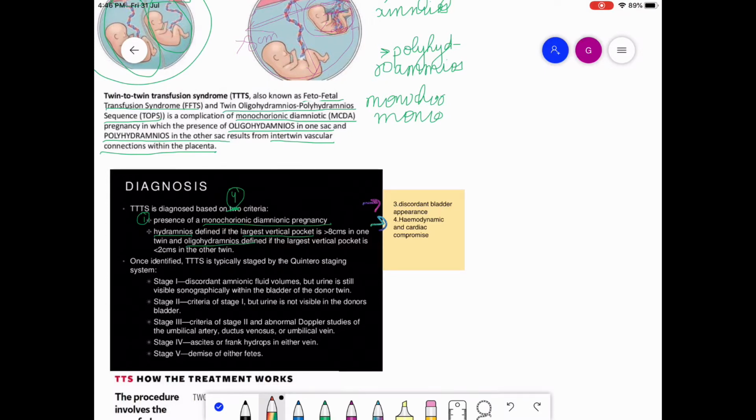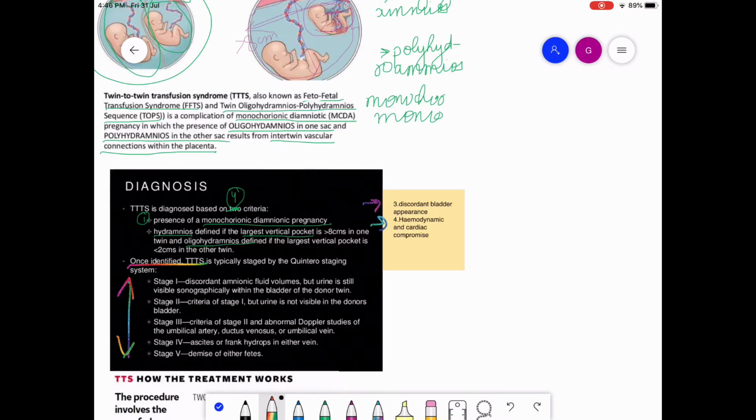Once identified, twin to twin transfusion syndrome is typically staged by the Quintero staging system. This system has 5 stages. Stage 1 is discordant amniotic fluid volumes, but urine is still visible sonographically within the bladder of the donor twin. For example, one is donating its fluid, right?